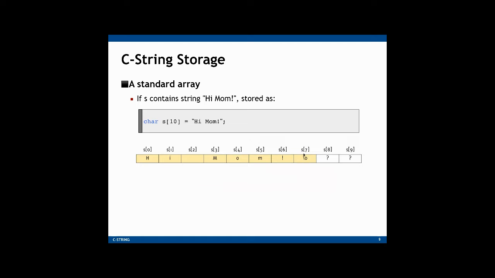Here the null character indicates the end of the string, so it is stored at the last element of this string. As you can see here, the array is partially filled. So this part of the array is not filled.